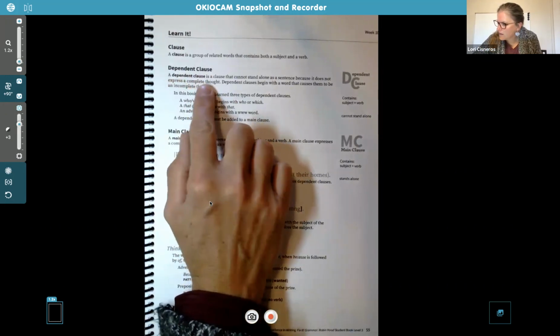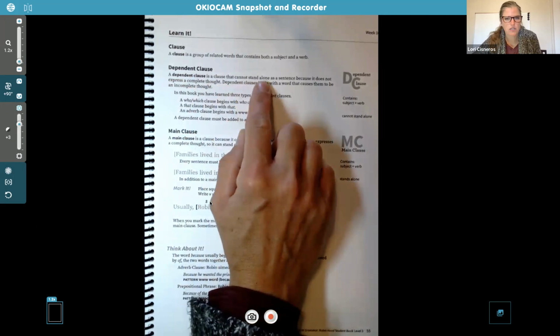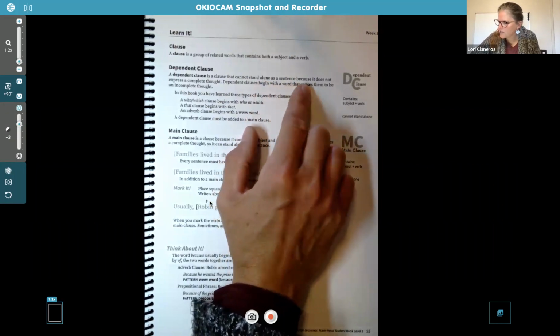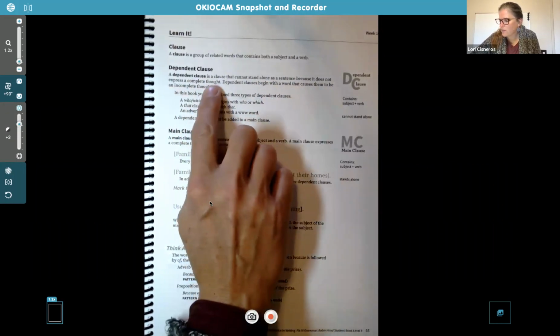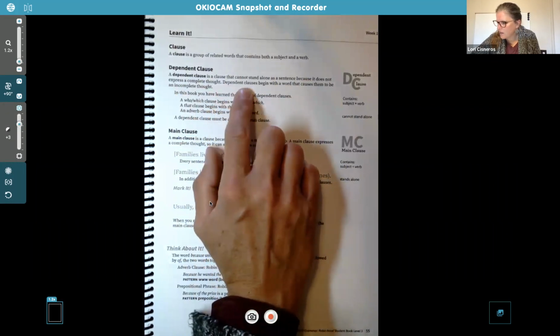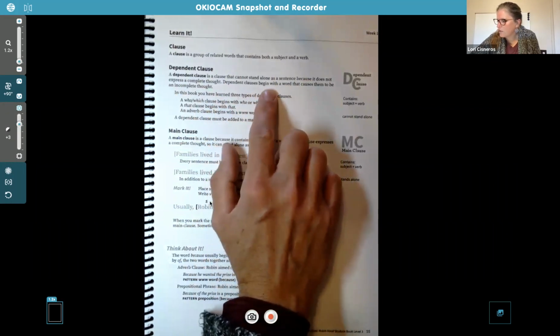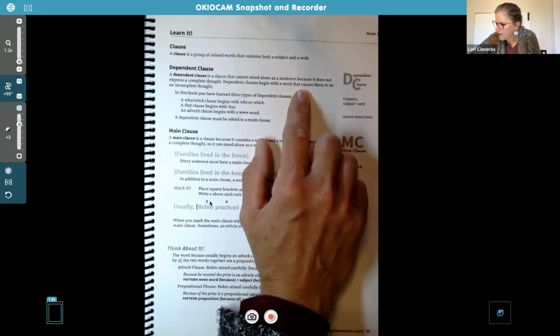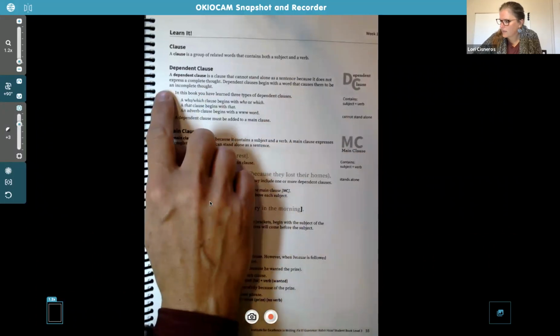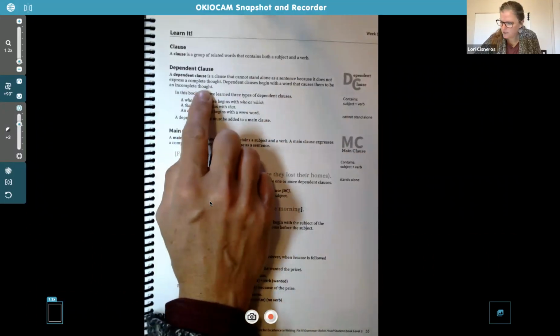A dependent clause is a clause that cannot stand alone. That's easy to remember because a dependent is depending on something else, right? So it can't stand alone as a sentence because it does not express a complete thought. A dependent clause begins with a word that causes it to be an incomplete thought.